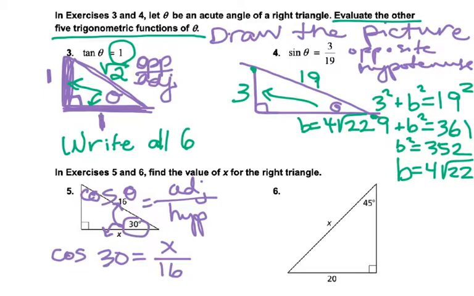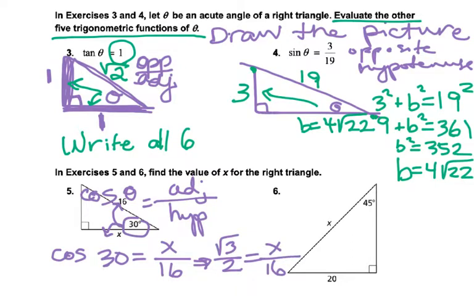Well, from our previous chart, I'm pretty sure we already know what cosine 30 is. Remember in the previous video, the cosine of 30 is root 3 over 2. And if that's equal to x over 16, this is a pretty easy equation.